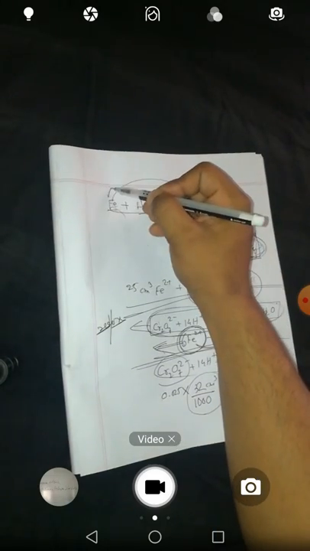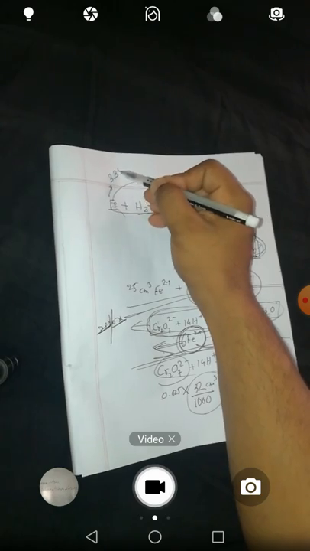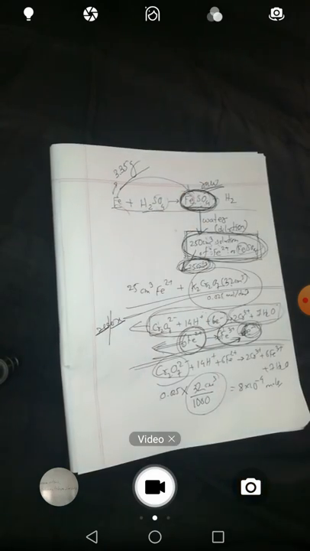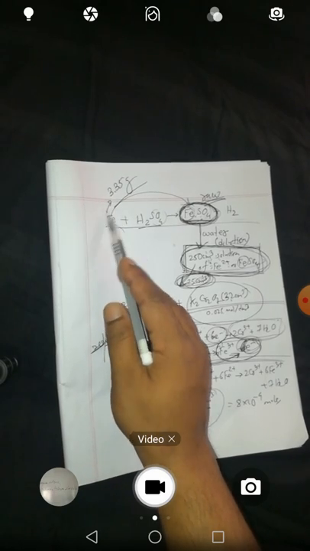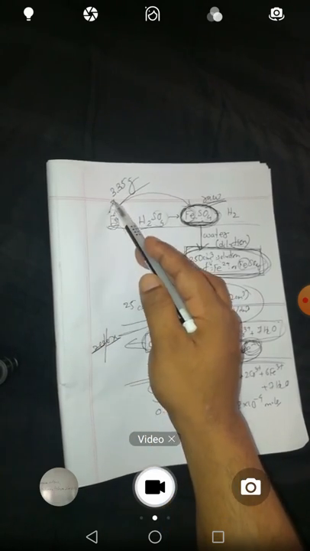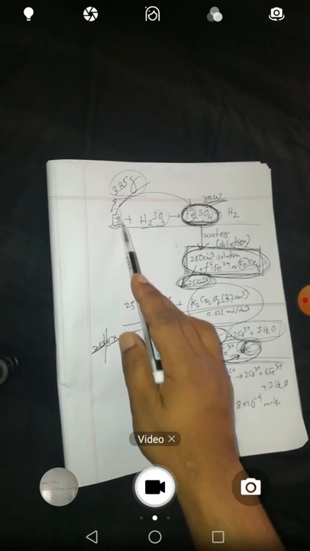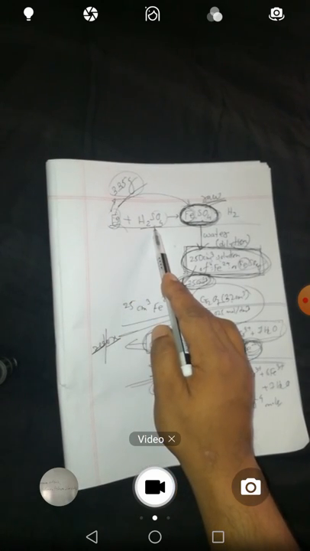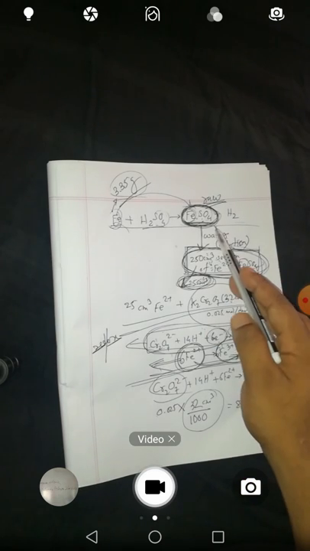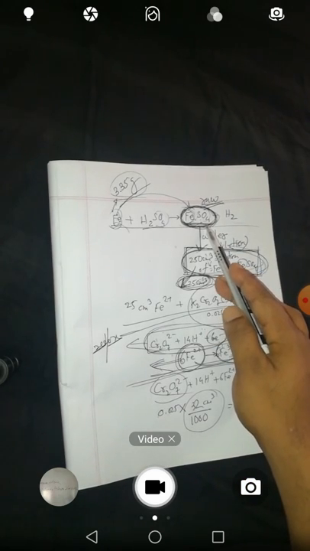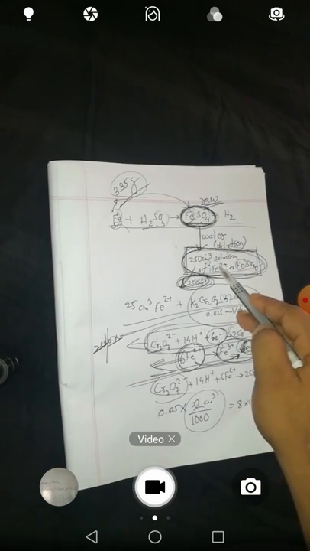Okay, look, so this iron has a mass of 3.35 gram. This amount of iron is reacted with sulfuric acid to form iron(II) sulfate, which is then diluted.